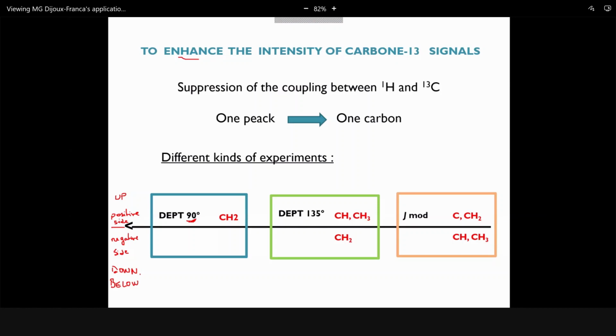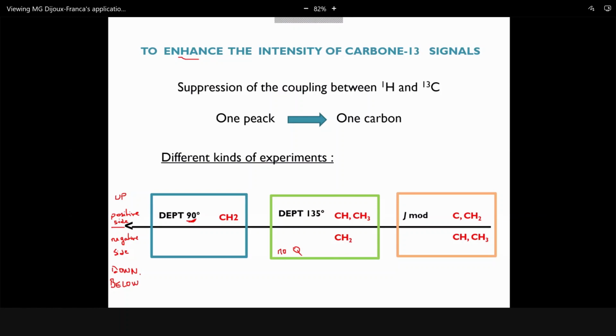If we do the DEPT 135, we will split the signals in two. On the upper side, we will have the CH and the CH3. And on the lower side, we will have the CH2. We observe no quaternary carbon.